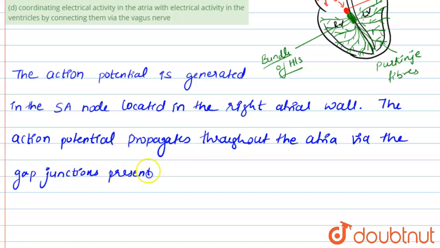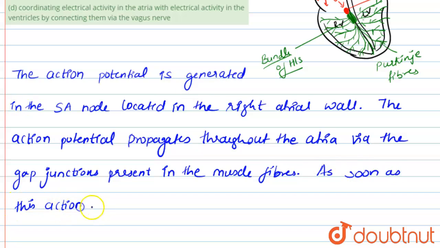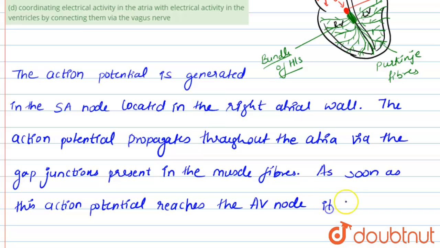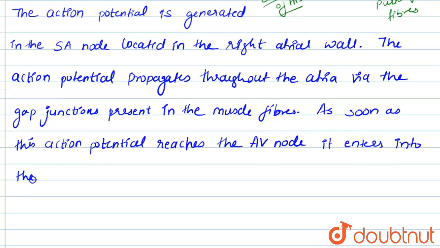present in the muscle fibers. As soon as this action potential reaches the AV node, via the AV node it enters into a bundle called the bundle of His.